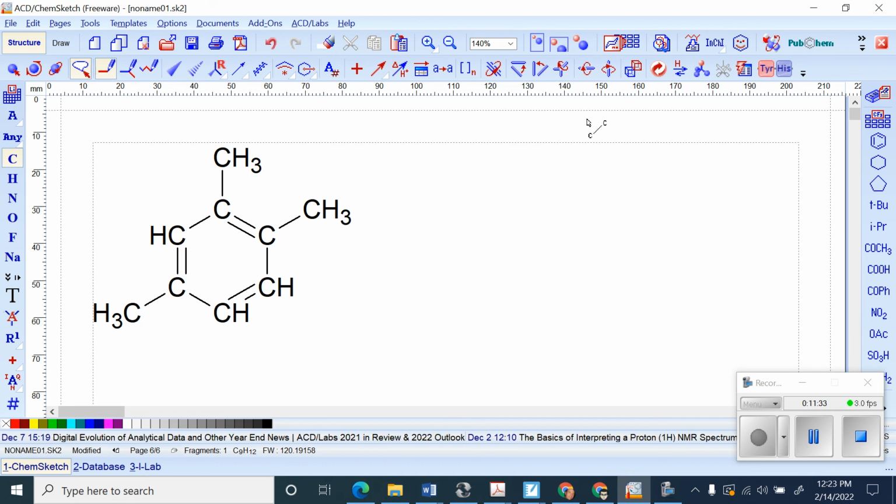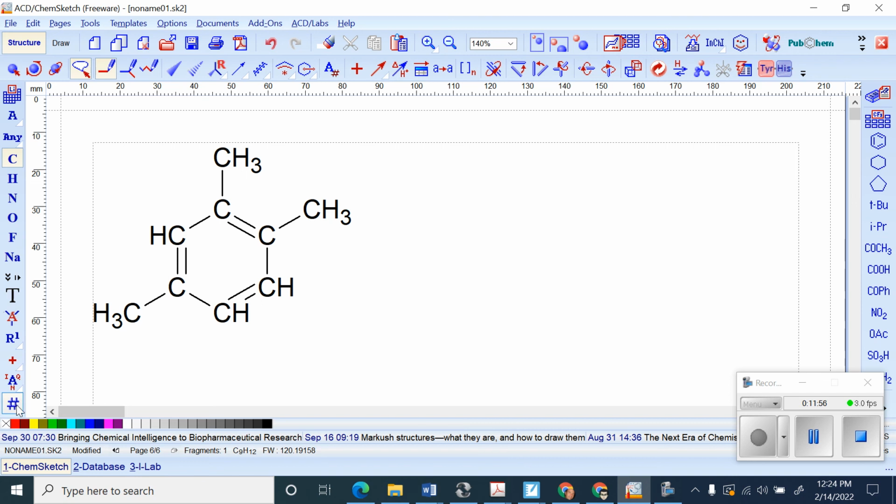Right, we'll want to number it such that the numbers stay as low as possible. Often I'll name those clockwise just by convention, but again, you do not have to go clockwise or counterclockwise. By convention, you should number them to keep the numbers as low as possible.